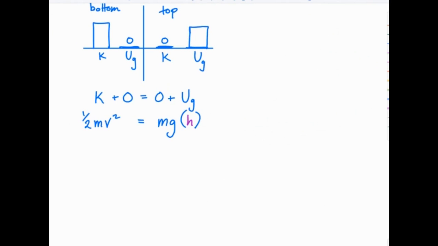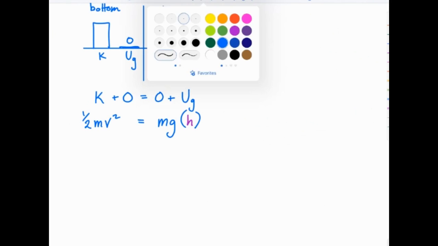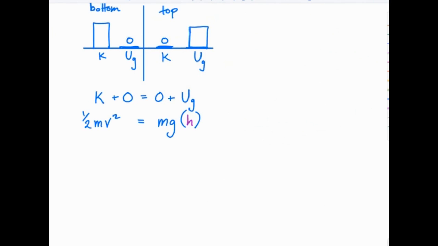All right, so at this point, I can notice one thing. I can notice that on both sides of the equation, I have one term each, and both of them have an m, so m will cancel out. So those cancel out, and I'm left with 1/2 v squared is equal to g times h.